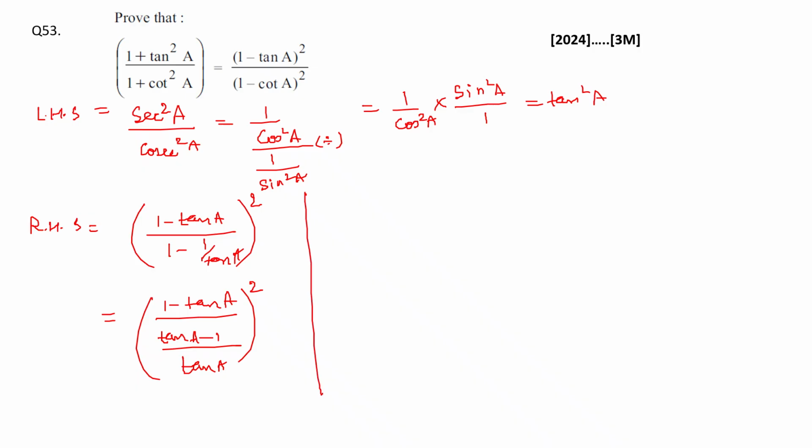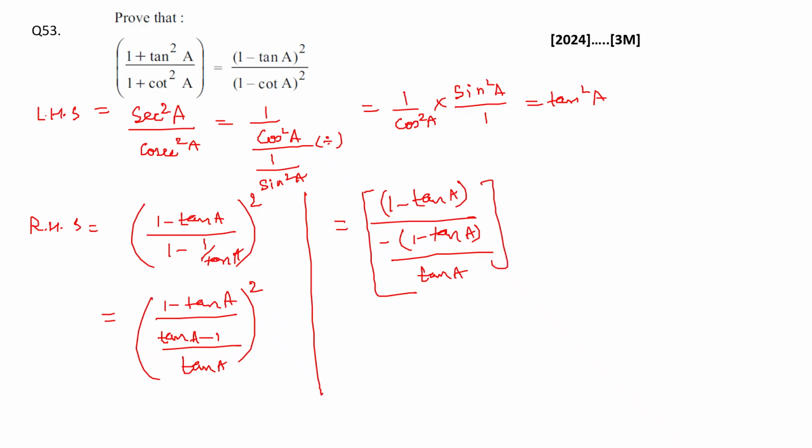Next, 1 minus tan A. Here I am taking minus common. It will be 1 minus tan A by tan A whole square.